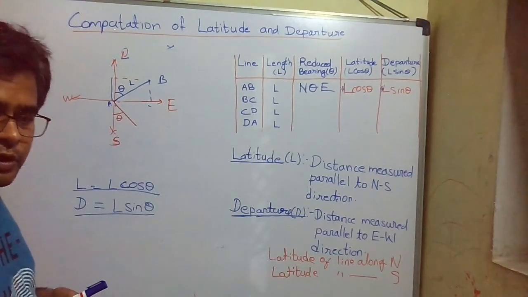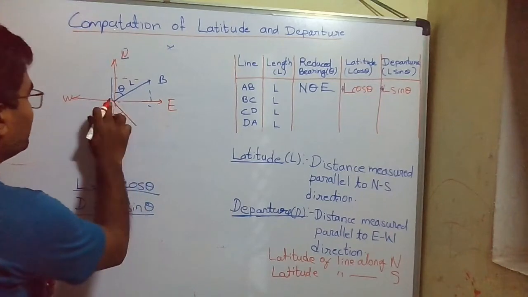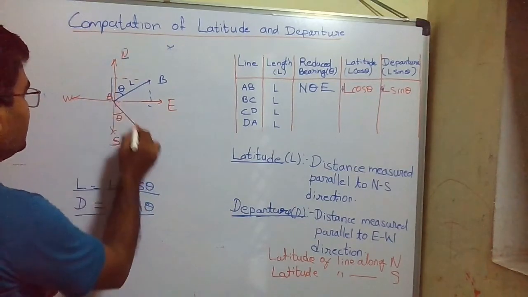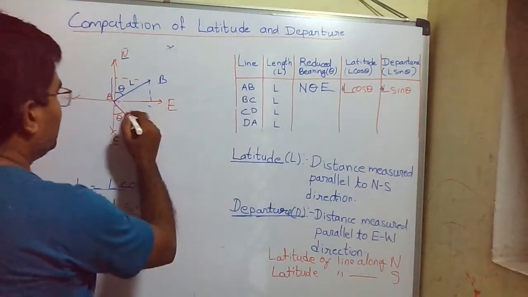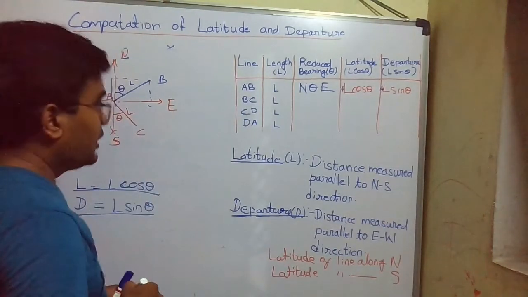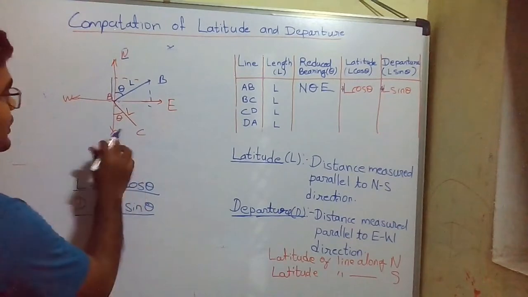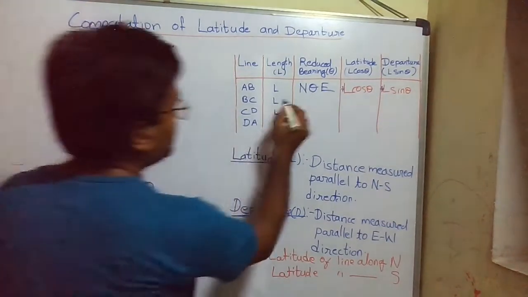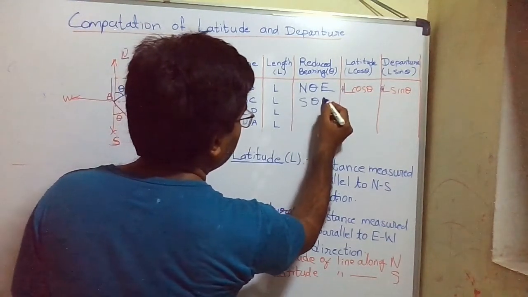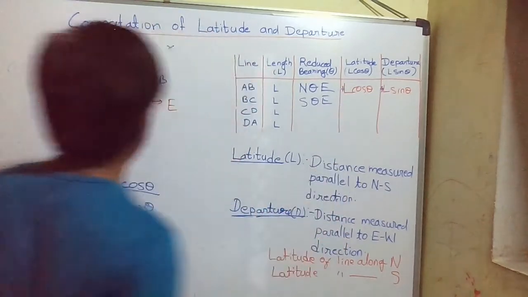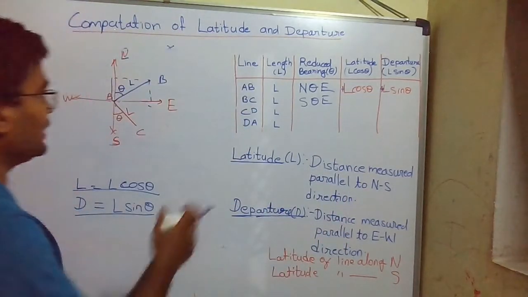Okay, so here what is the latitude of this line BC? Suppose this is our line BC with length L, and what is the reduced bearing of this line? South theta east. So what will be the latitude of this line?